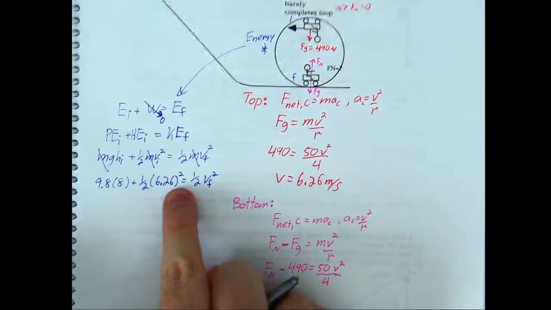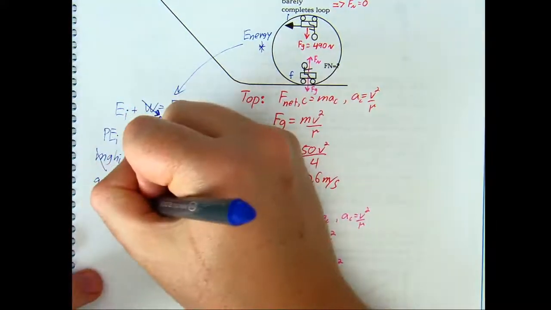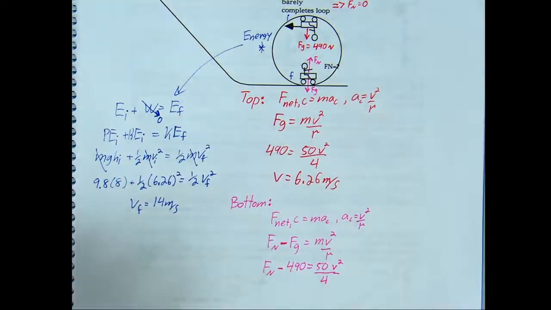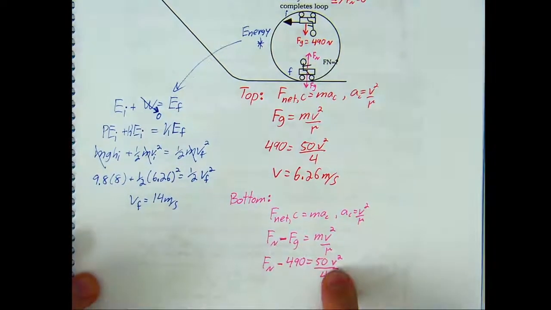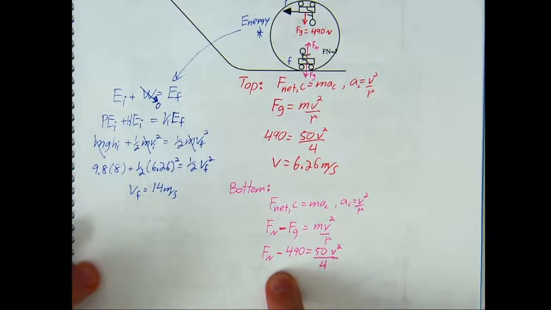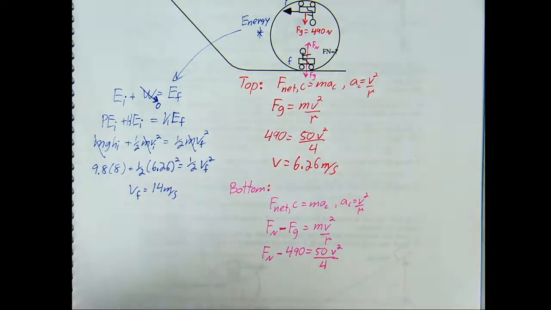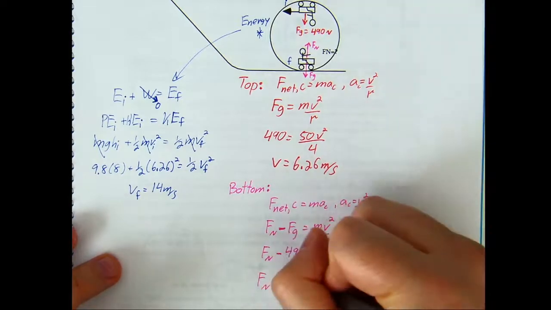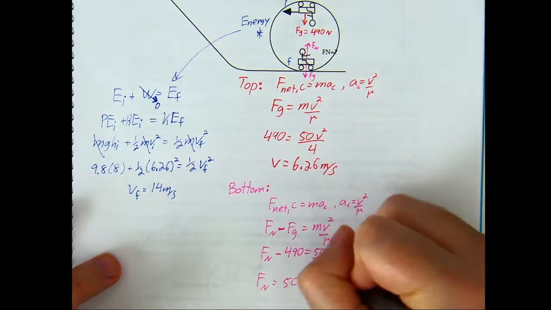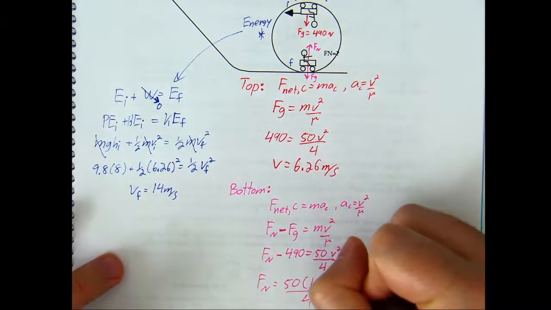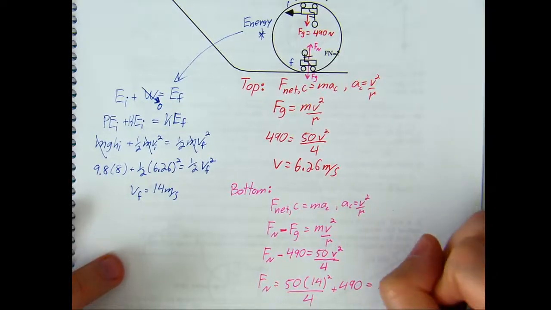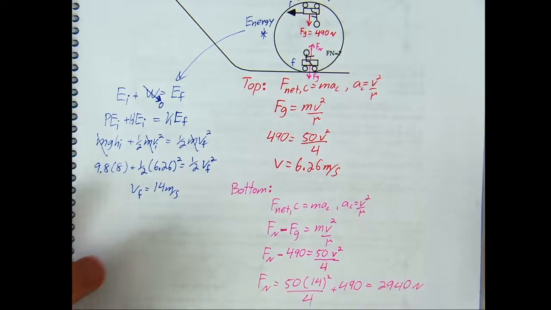If you solve this thing for V final, what you're going to see is that V final is equal to 14 meters per second. So I can shove that in there and find Fn. So Fn is going to equal 50 times 14 squared over 4 plus 490 equals 2,940 newtons.